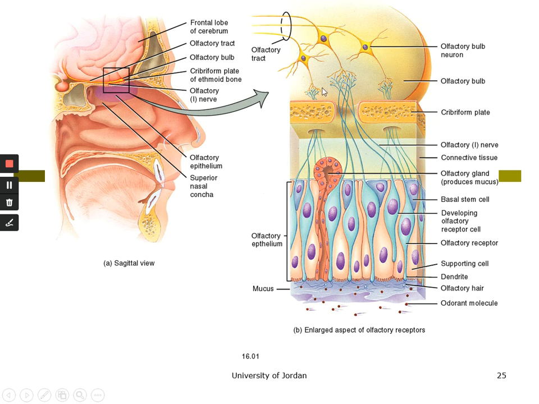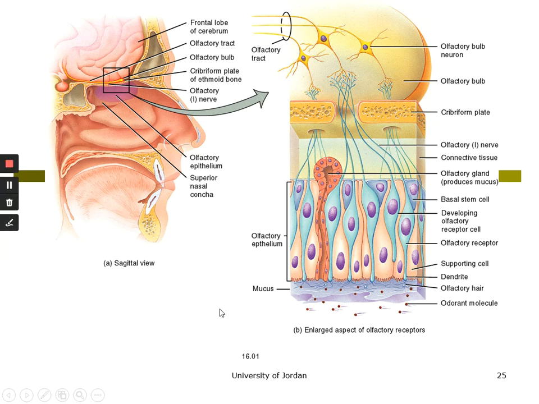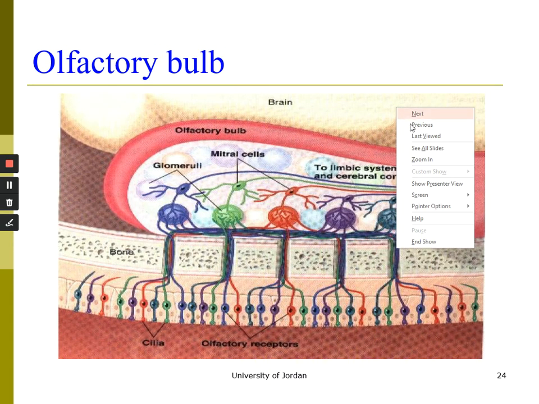Through the cribriform plate they enter, forming the glomeruli. These are the glomeruli here, which are the synapse between the bipolar cells and the dendrites of the mitral cells here. The axons of the mitral cells form the olfactory tract. Let's see, we will read them again and go over them once more.